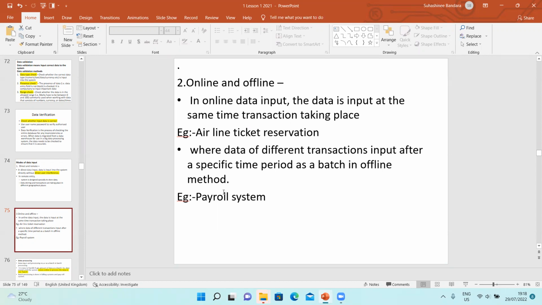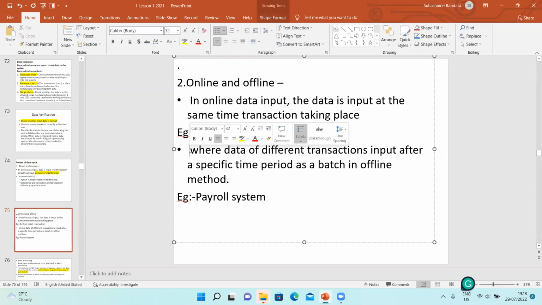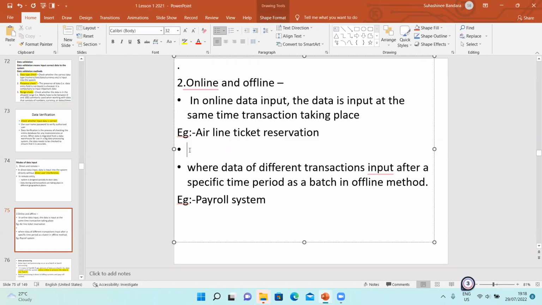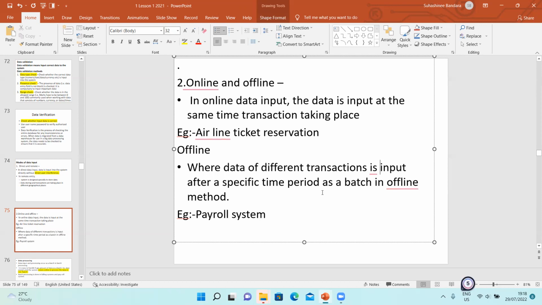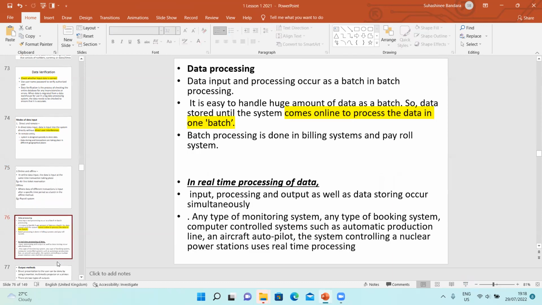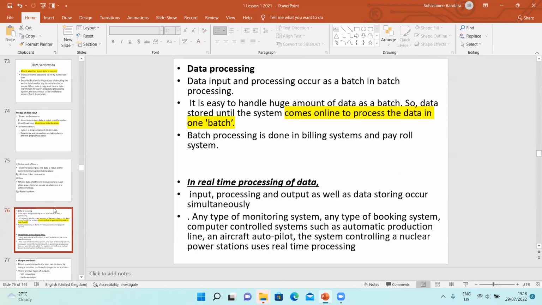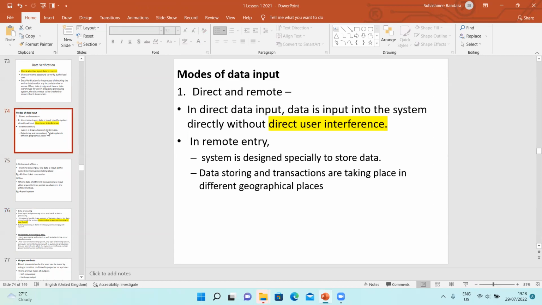So in offline data input, data is inserted part by part, which we also call batch processing. Then data processing. I will write these two and we'll move on.